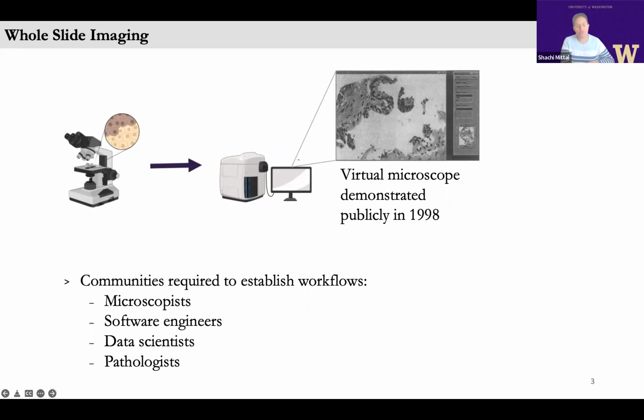A decade ago, there was this whole slide imaging system, or this closed box that you see, that would actually digitally scan these images out. And with that, this presents an opportunity for data scientists to really come and actually use these images and make more standardized pipelines. So what we really need is for microscopists, software engineers, data scientists, pathologists to come together and work on this problem of cancer diagnosis and prognosis.